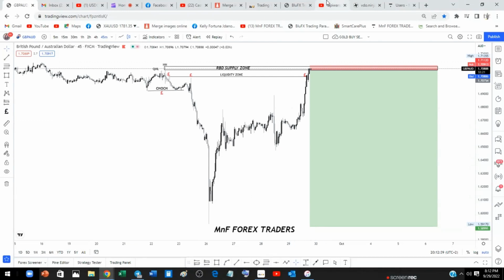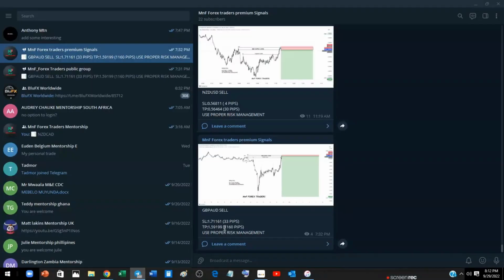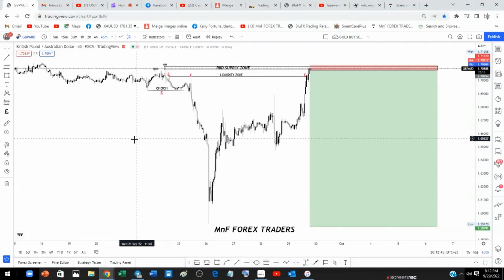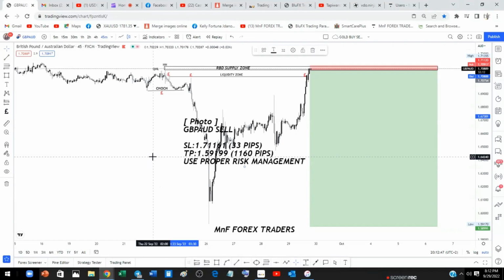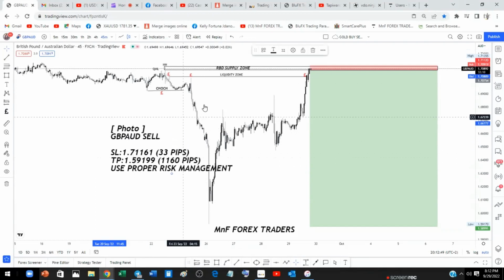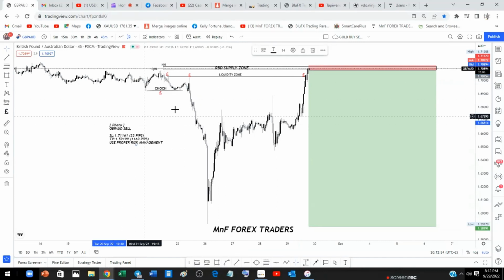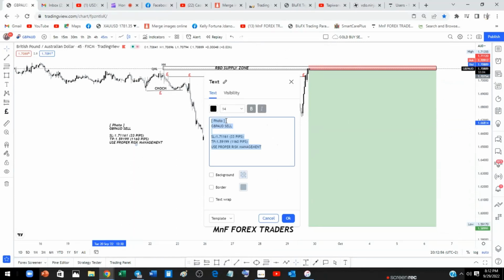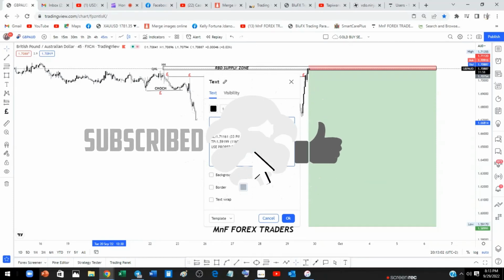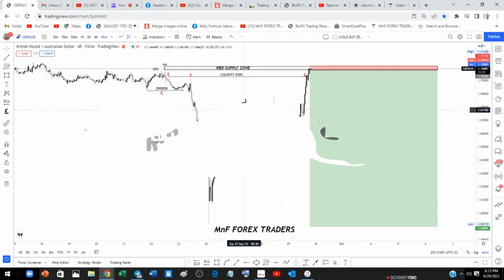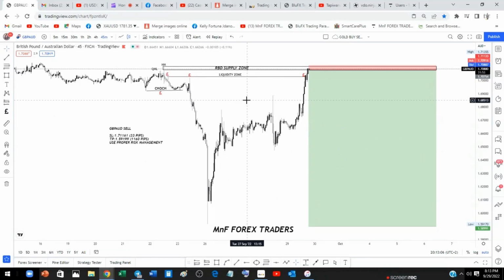That's the reason why you are supposed to predefine your risk every time. You are supposed to predefine your risk of a particular trade before you actually enter, because you have to understand that anything can happen at any particular time. And if you understand that concept, therefore you are going to make sure that you know exactly how much you are willing to lose if this trade goes against you.